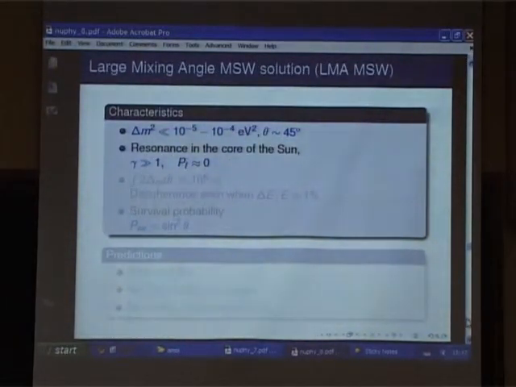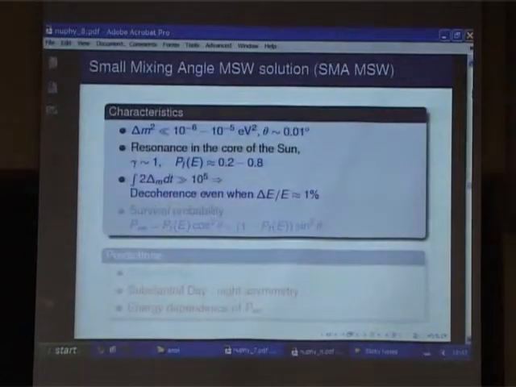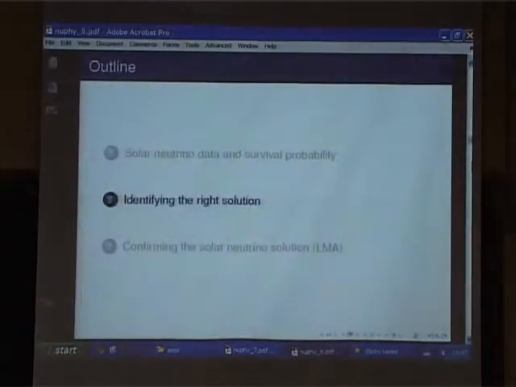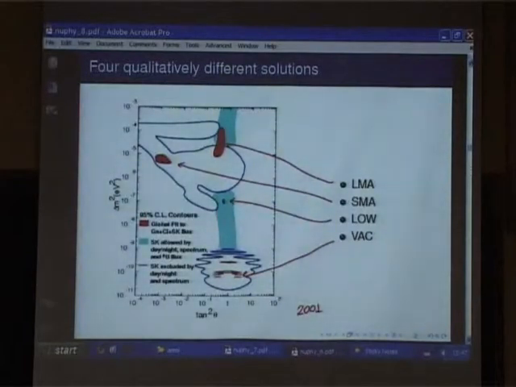Now let's go to the solution called the large mixing angle solution, or LMA. So what was this solution? Let me again go to this solution, which lies here, this big red block. It has a delta m square of the order of 10 power minus 4, and theta is not exactly 45 but maybe 35.